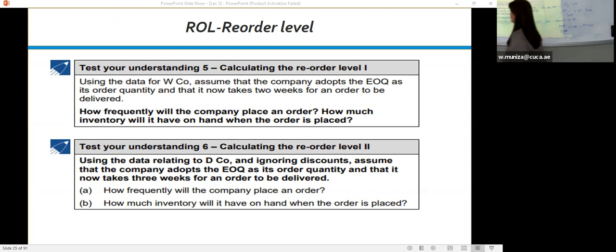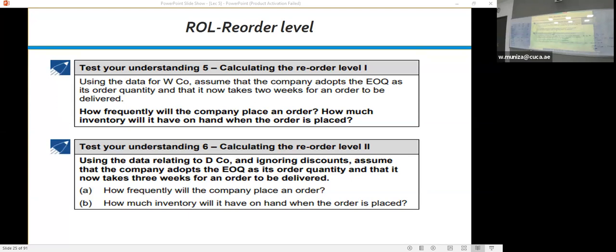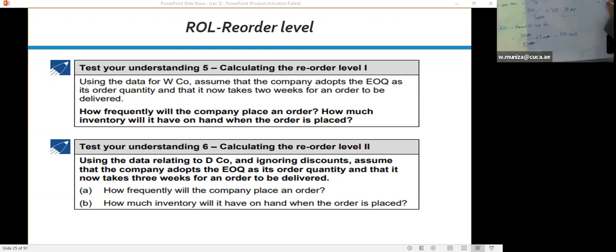Now using this data, calculate. 3721 divided by 45,000 multiplied by 365. 30 days.